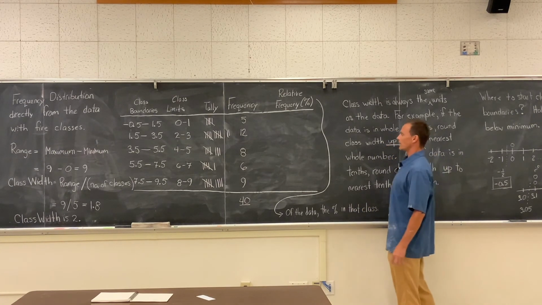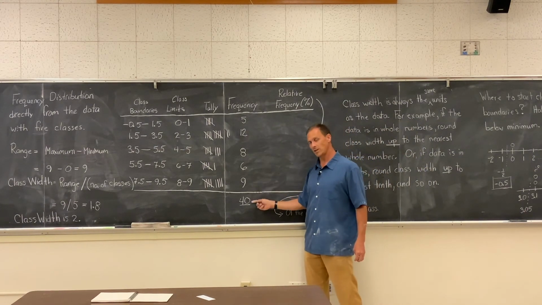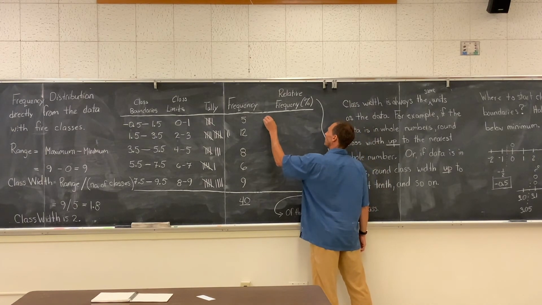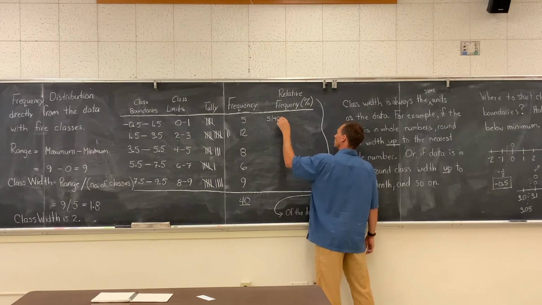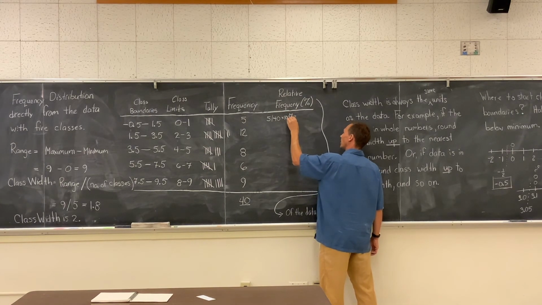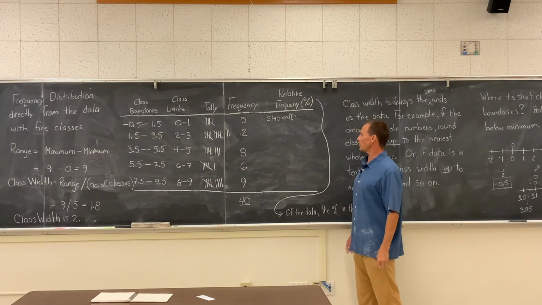Okay, so in other words, our first class has 5 data values. There's 40 total. So the relative frequency, you take 5, you divide it by 40, you then multiply it by 100%, and that would be your relative frequency.